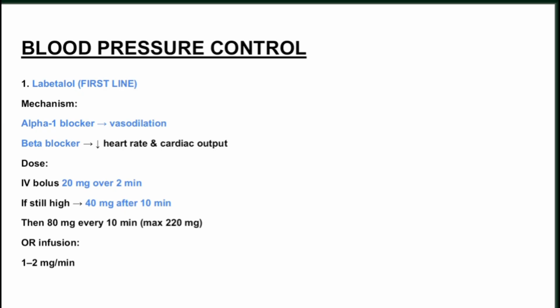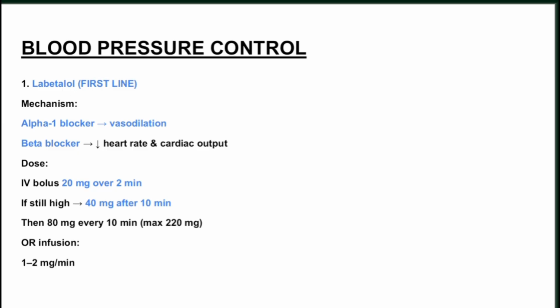Okay, so with severe preeclampsia, we need to make sure that, remember the BPs, the diastolic is above 110. So we need to start our initial antihypertensive with our first line drug of choice, which is labetalol, which is an alpha 1 blocker, which causes vasodilatation, and a beta blocker, which causes reduced heart rate and cardiac output.